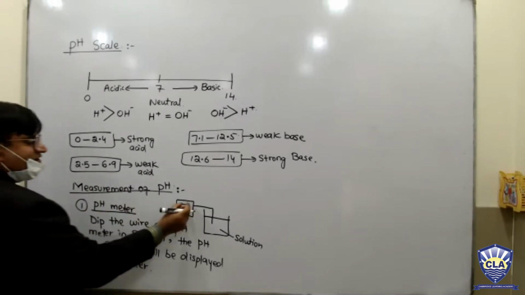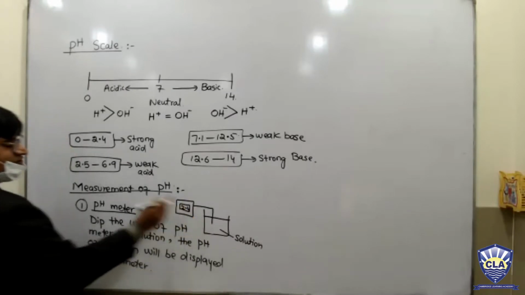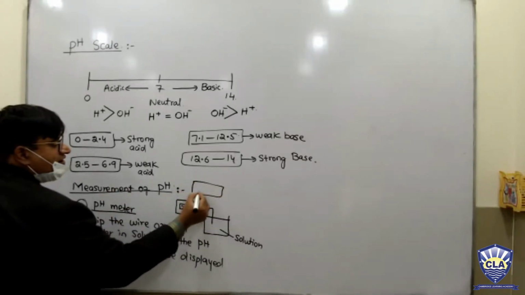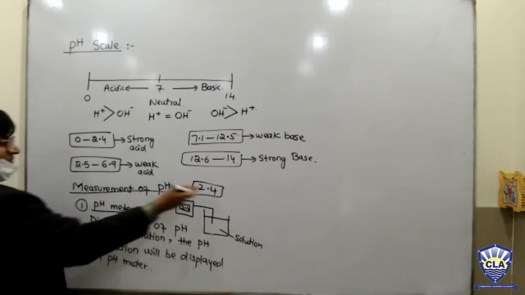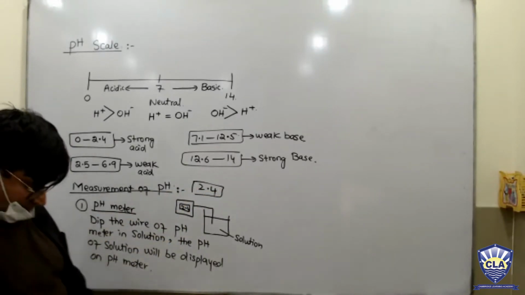Okay, the pH meter will show you the reading. Let's suppose it's 2.4. So it will show the reading 2.4 like that. So it means the pH is 2.4. Okay.